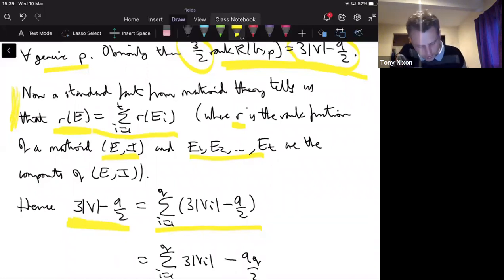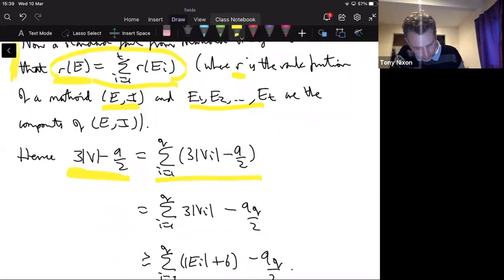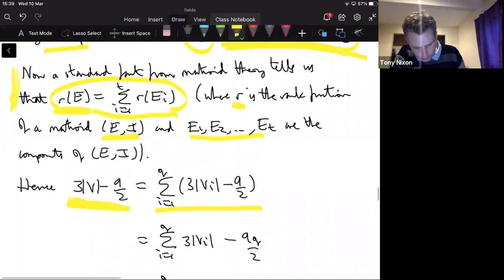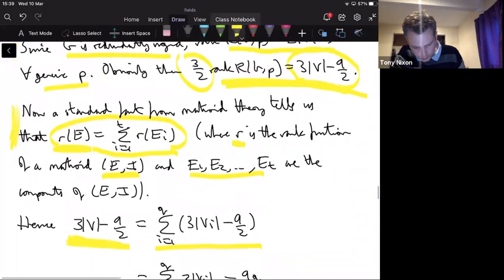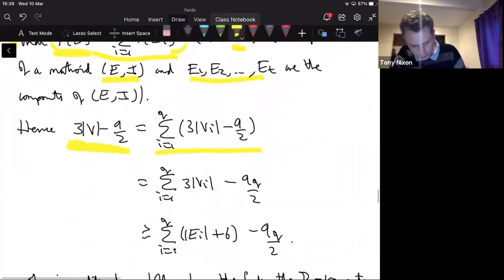Oh yeah, that's true. So I'm using this, but for each of the components, what I'm doing is replacing the vertices, really. So am I being silly?